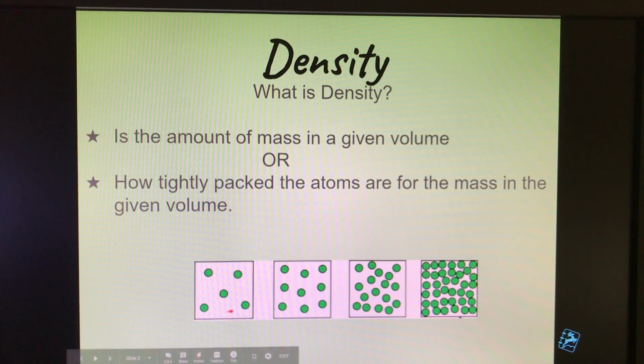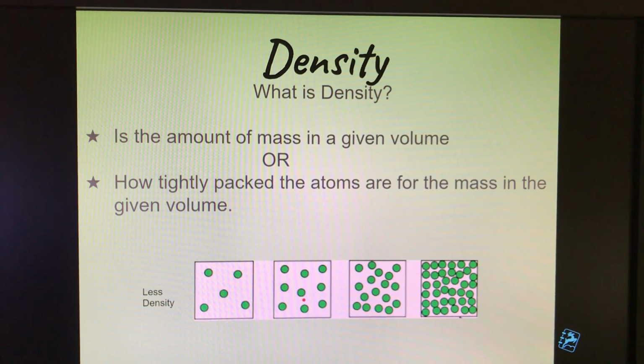If you take a look at it, this one here has very few atoms inside this volume. The lower the number of atoms within a volume, the less density. They're not tightly packed. They have room to move around. There's plenty of air in between the atoms. So we say that it is less density.